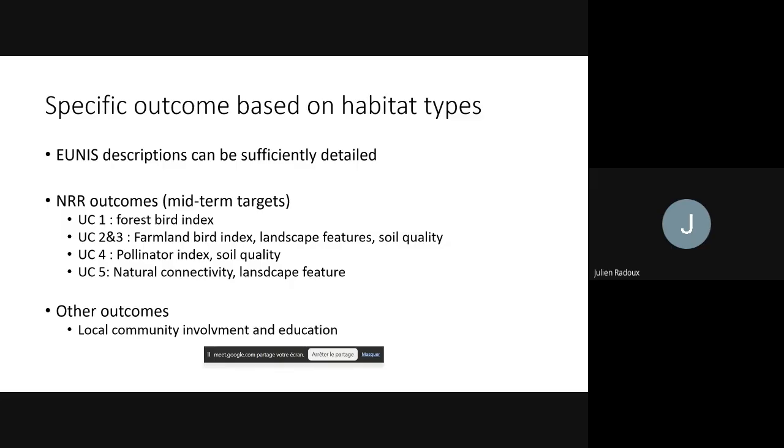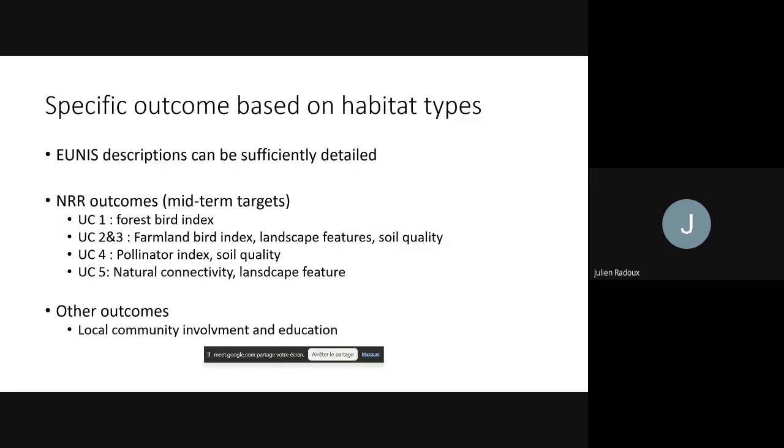But the one that is the most outcome-based is the population of forest birds, which can be measured in terms of abundance and monitored through the years with a not too long response, contrary to, for instance, the number of dead trees or things like that, which can take a lot of time to grow.